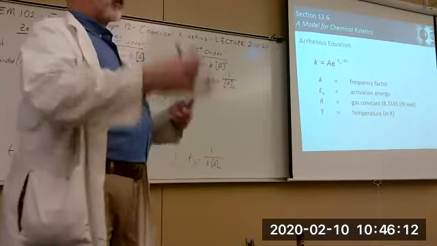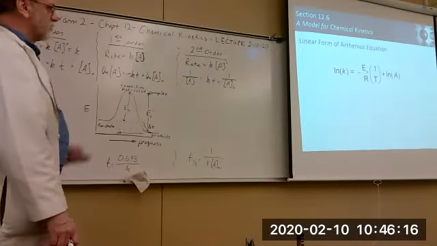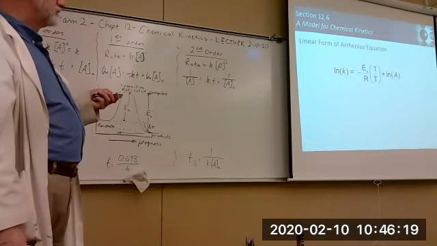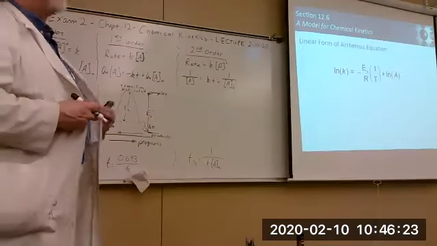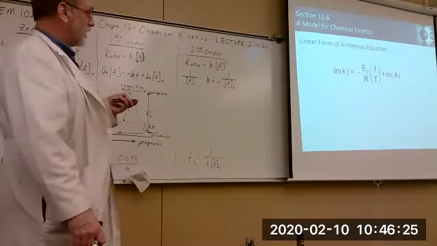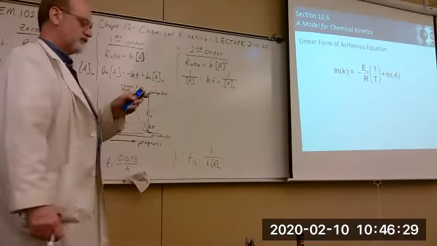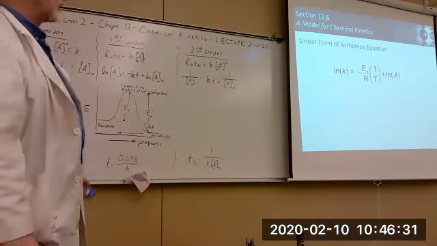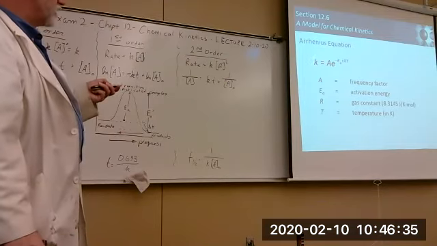So we need another way of expressing it. This is the linear form, or for lack of a better term, integrated form of the Arrhenius equation. And this gives us the k. Well, actually, we do know what the k is. I misspoke. k is your rate constant.